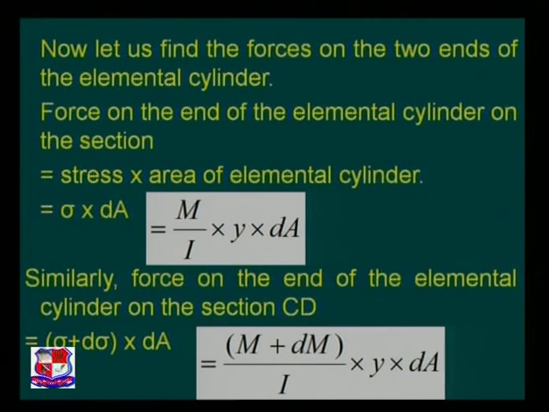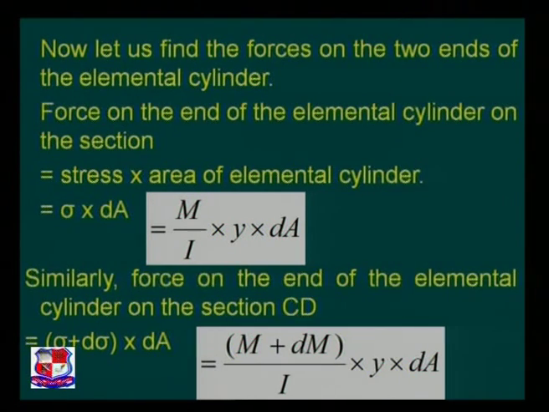Force on the end of the elemental cylinder is nothing but the stress multiplied by the cross-sectional area of the cylinder. Stress on section AB is already known to us, that is sigma. Area of the elemental cylinder we know, that is dA. We know the formula of sigma, that is M over I into y, multiplied by dA, that is the force on the end of the elemental cylinder at section AB.